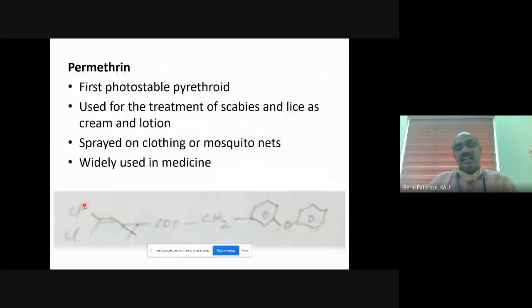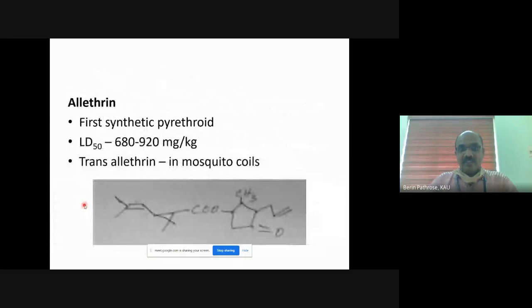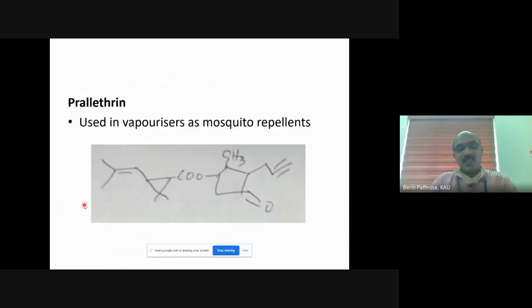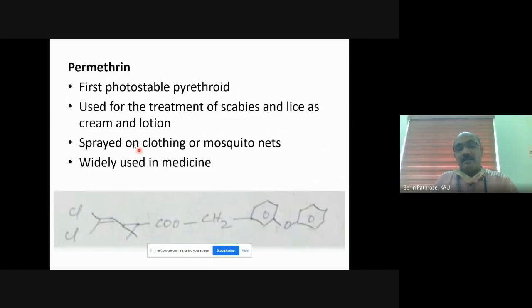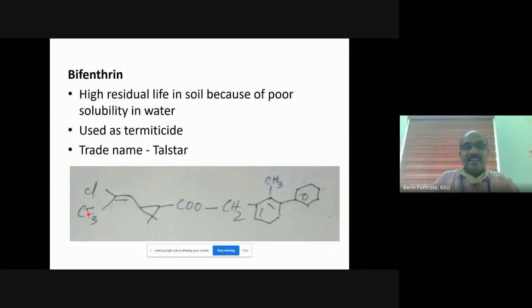If you check it one by one, see allethrin, pralethrin, there is not much change. Before permethrin comes the phenothrin part. I have not discussed phenothrin, wherein the acid part has no chlorine atoms and all. The only thing is they have replaced the alcohol part with phenoxyphenyl. In permethrin came the introduction of halogens, that is chlorine, and coming to bifenthrin also, again they have changed the alcohol part and halogens are added.